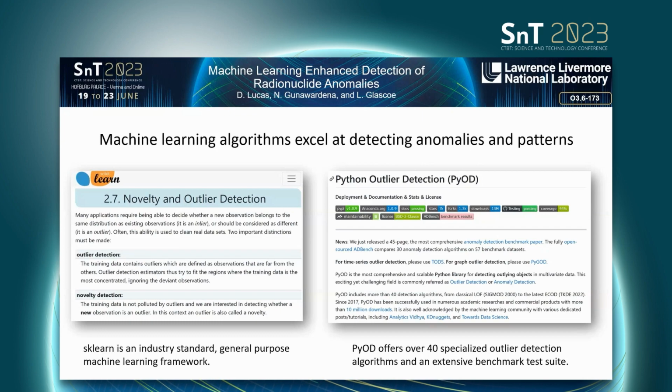I have screenshots of a couple of standard packages. sklearn has novelty and outlier detection. And then the PyOD library has about 40 different flavors of anomaly detection that are really easy to use. I'm going to spend the rest of the talk illustrating one algorithm and some results from it.